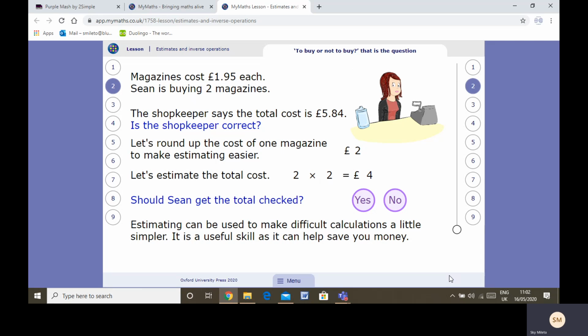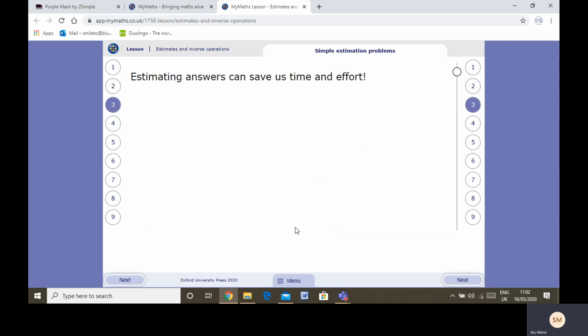So yes, he should get it checked. Okay, estimating can be useful for lots of different calculations, and it's very good with money. It's very good to estimate with money because shopkeepers don't always make the right decisions. It's not that they're trying to take your money, but sometimes they make mistakes. We all make mistakes.